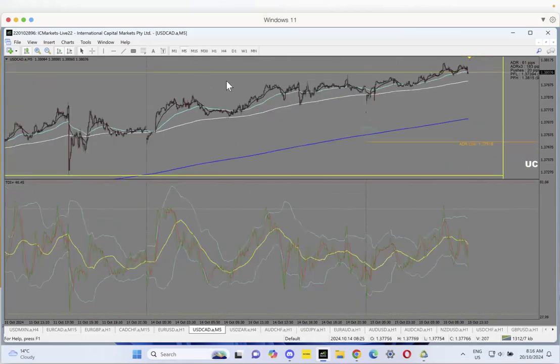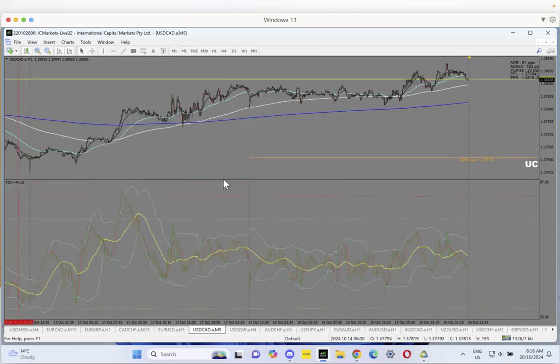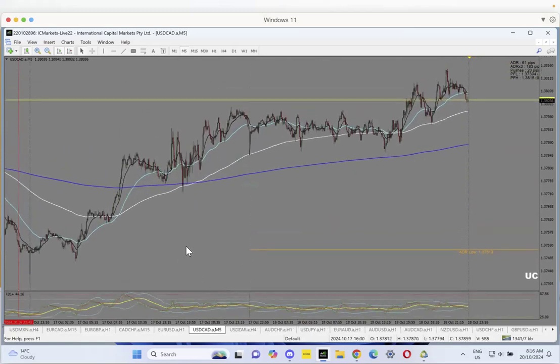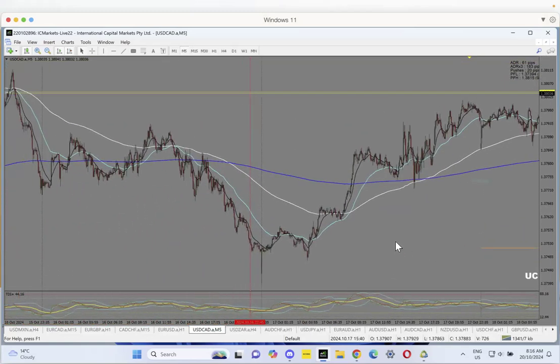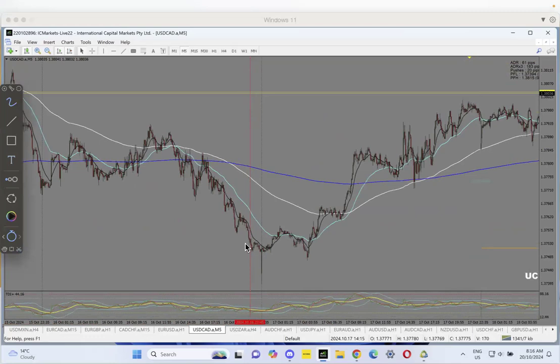If we turn to M5 in the same pair, we should find a W. You get the point? It's a shark fin on M15, so we turn to M5 to find a W in that area.